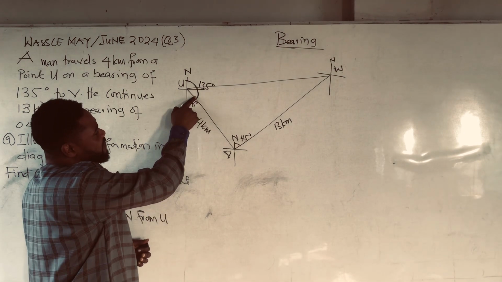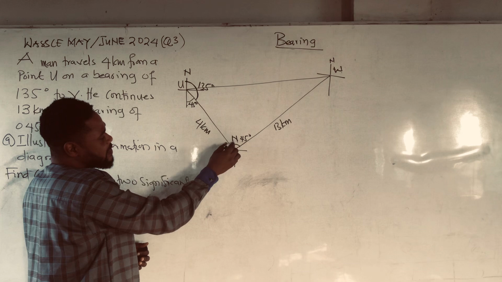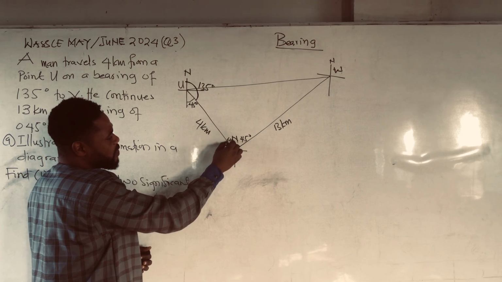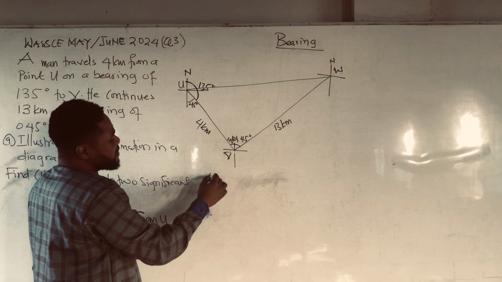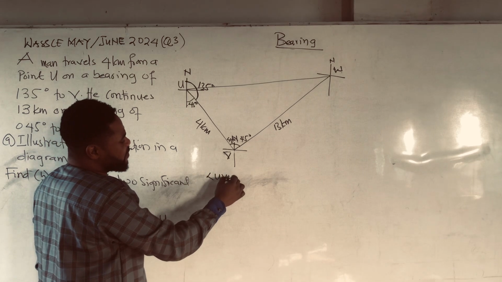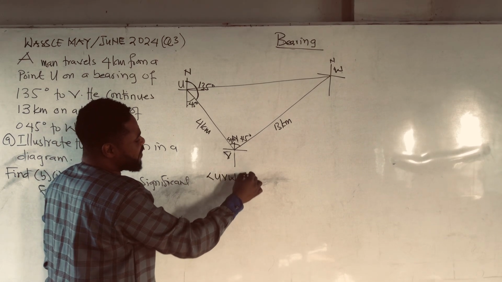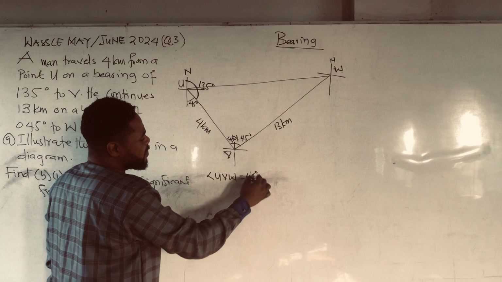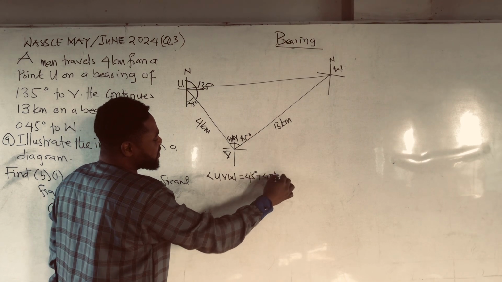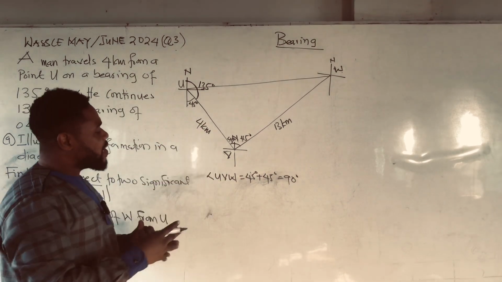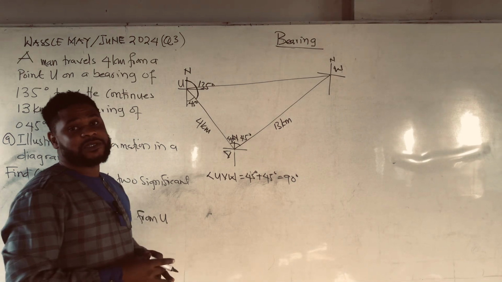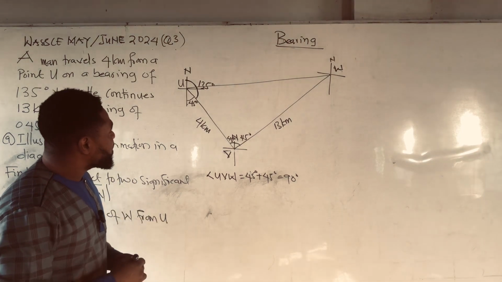And this 45 degrees will alternate to this angle here, which will also be 45. Therefore, we can say that angle UVW is going to be 45 degrees plus 45 degrees, which is going to give us 90 degrees. And this makes this triangle a right angle triangle.